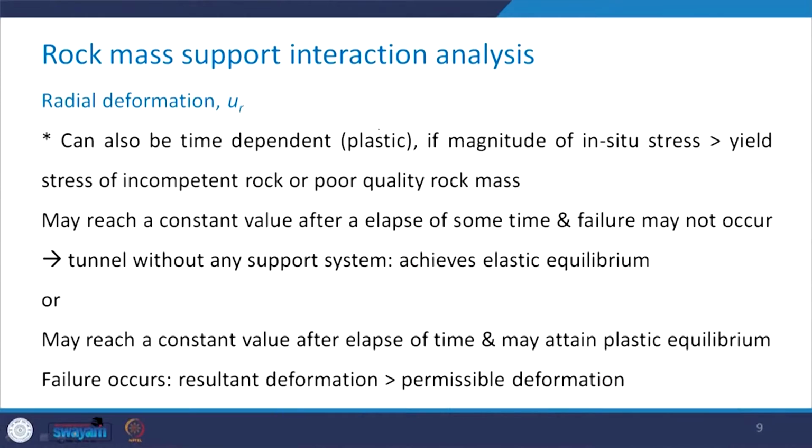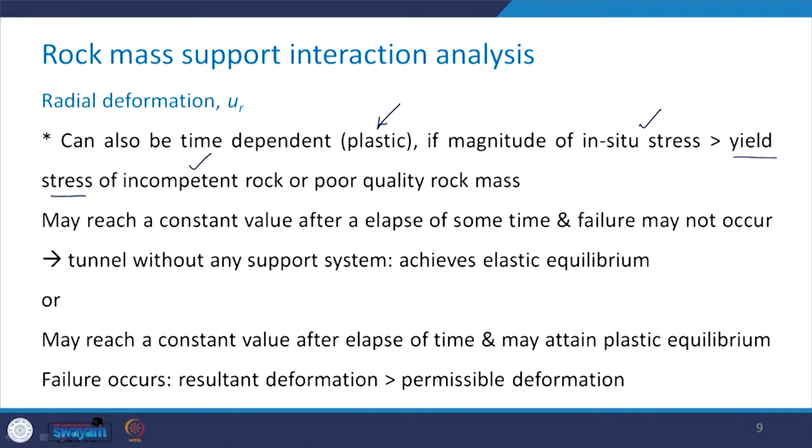Now this radial deformation can also be time dependent, but instead of elastic, now it is plastic. If the magnitude of in situ stress becomes more than the yield stress of the incompetent rock or poor quality rock mass. So, as compared to the previous case, here the value of RMR or Q is going to be low.